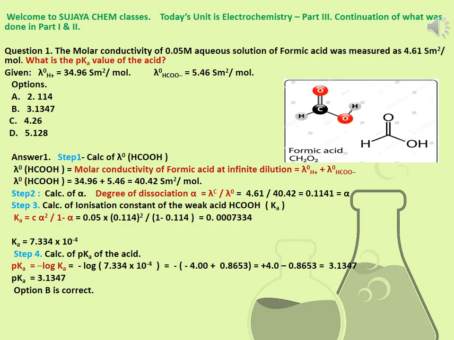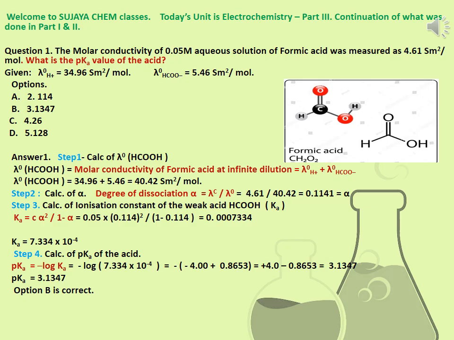Second step, calculation of degree of dissociation, which is alpha. Alpha is equal to molar conductivity at the given concentration divided by molar conductivity at infinite dilution. In the problem, it is given that the molar conductivity of 0.05 molar solution is 4.61 Siemens meter square per mole.